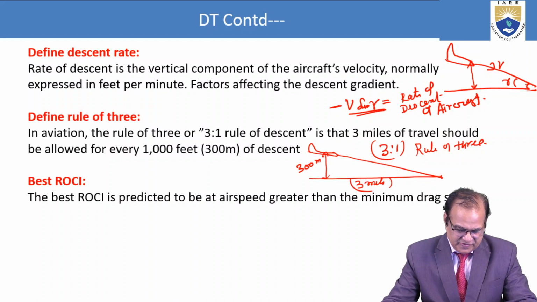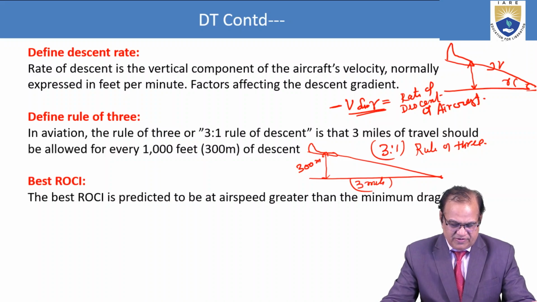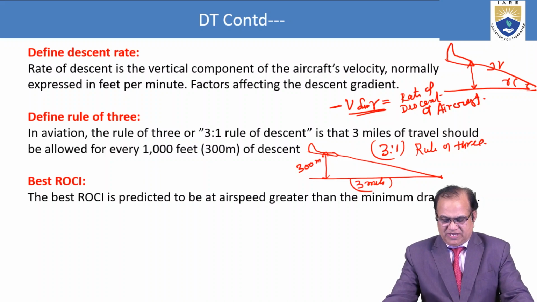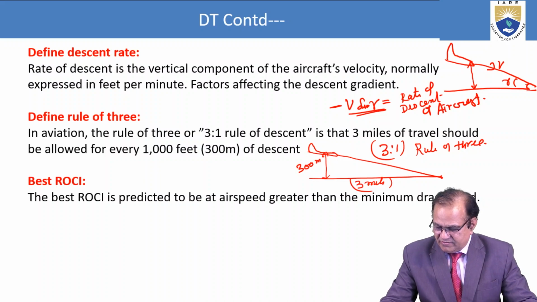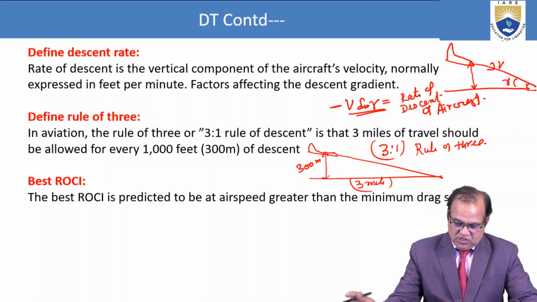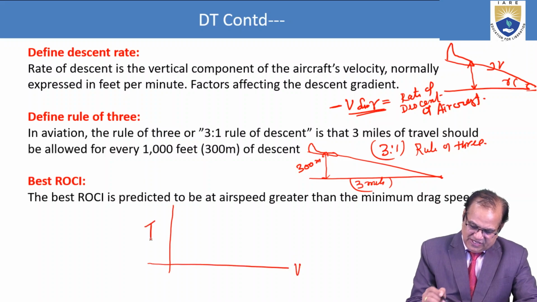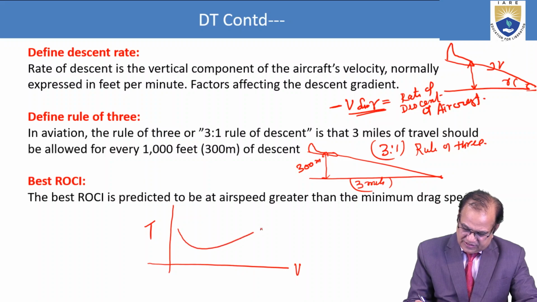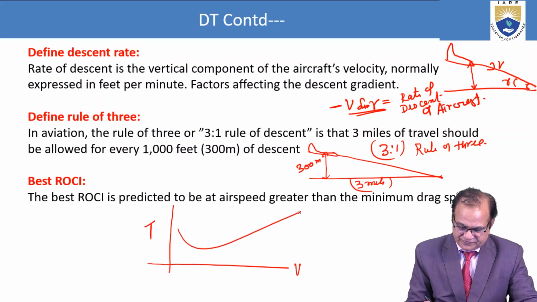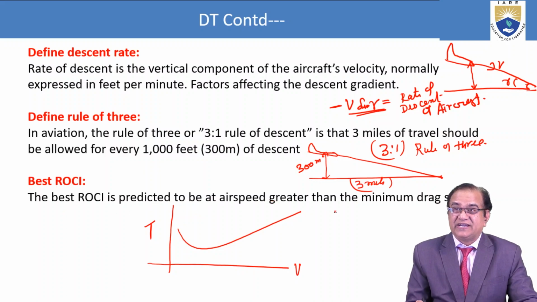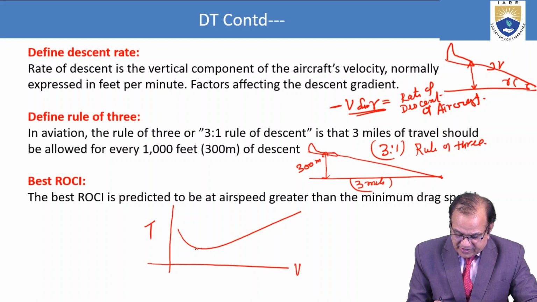Best rate of climb. The best rate of climb is predicted to be at an airspeed greater than the minimum drag speed. So if I draw here velocity versus thrust, like this, this is the minimum drag, and this speed is V minimum drag.